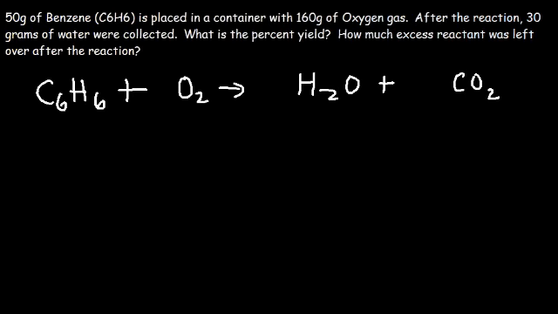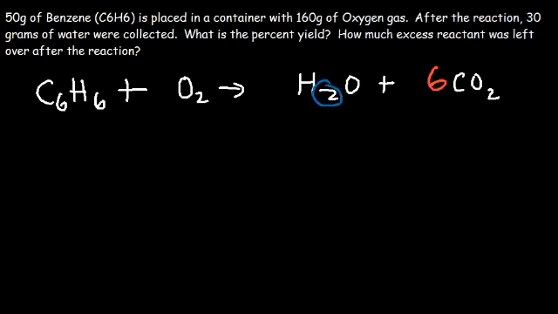Now, whenever you want to balance a combustion reaction, remember, balance the carbon atoms first, then the hydrogen atoms, and save the oxygen atoms for last. So we have 6 carbon atoms on the left side. What number do we need to put in front of CO2? We need a 6, and we have 6 hydrogens on the left side.